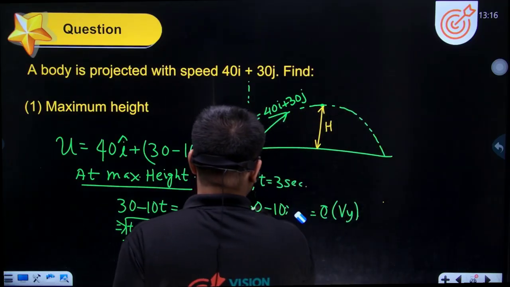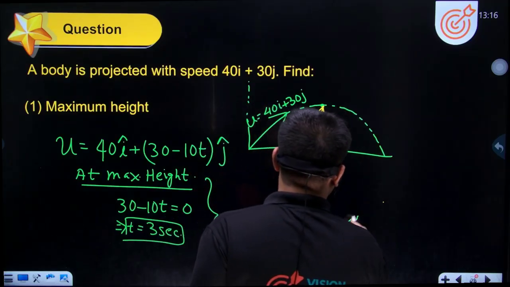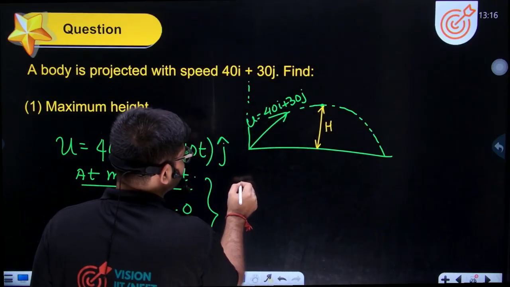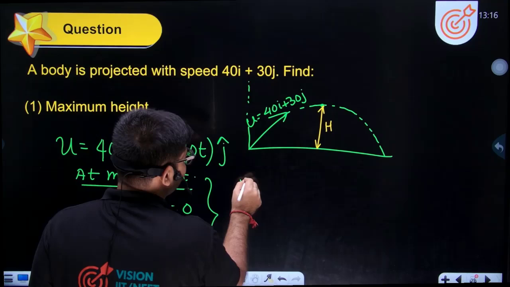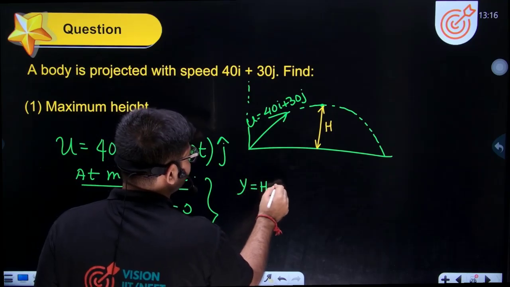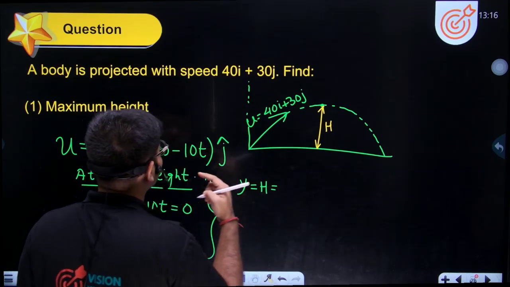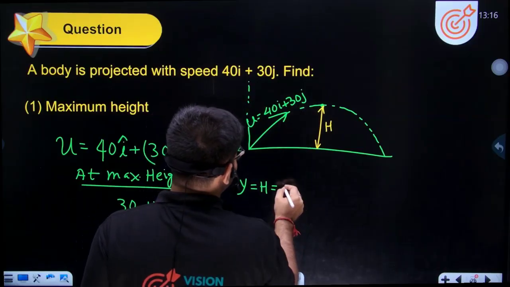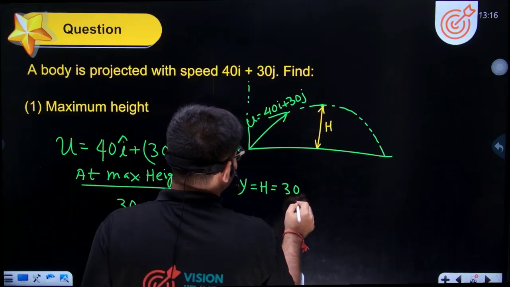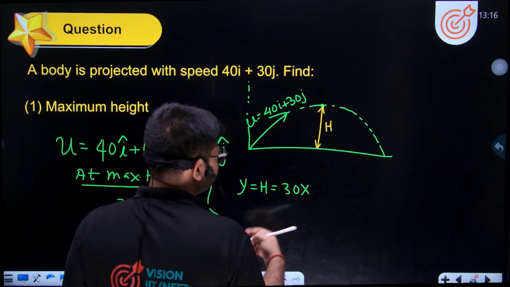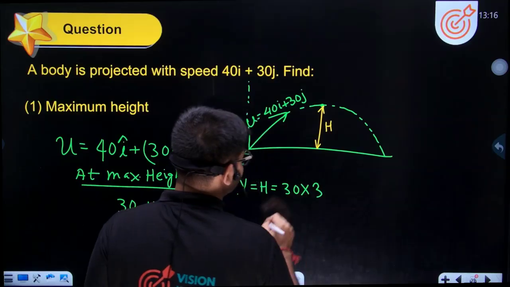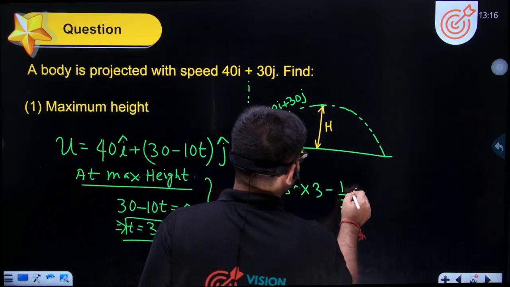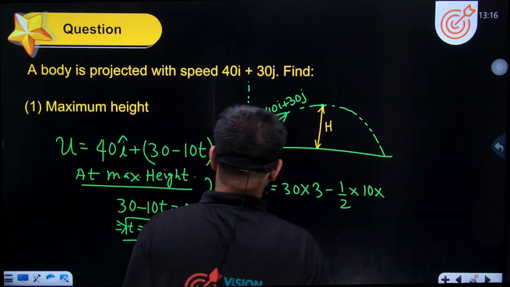Now you see, maximum height का मतलब क्या है, y or h, whatever, s is equal to ut minus half g t square. Initially it was 30, t is 3 seconds, and half g is 10 into t square.